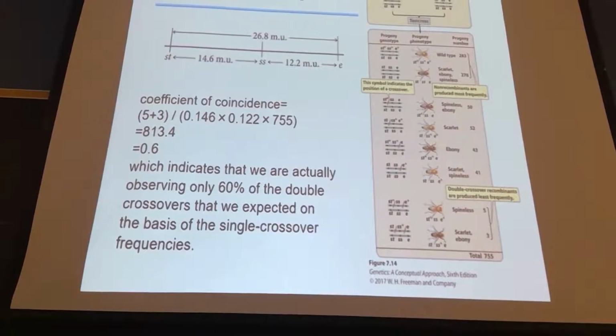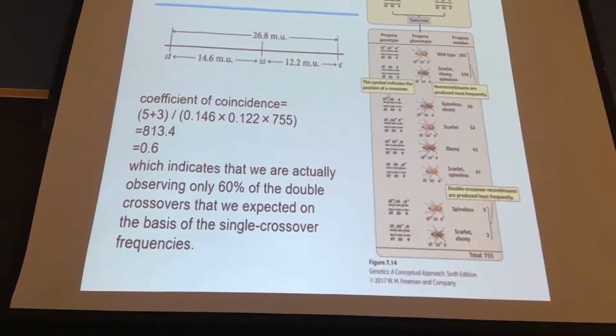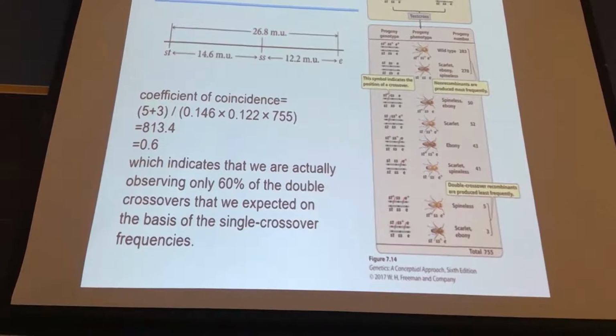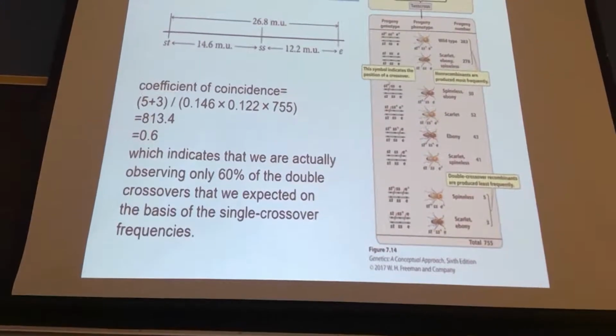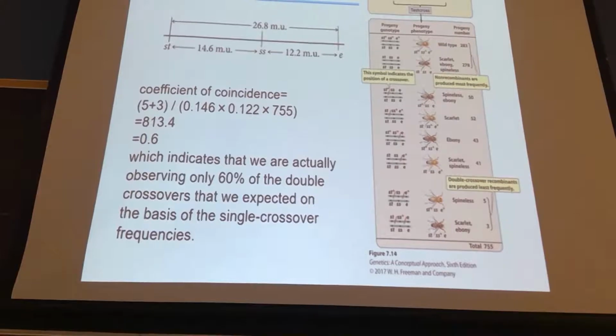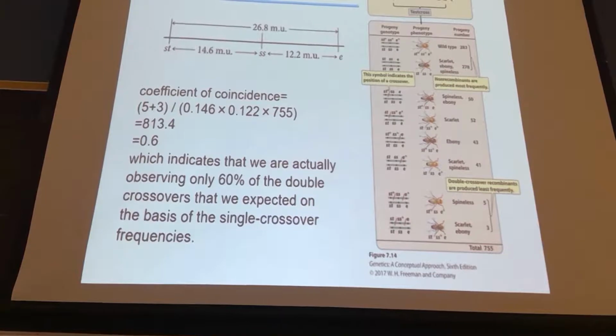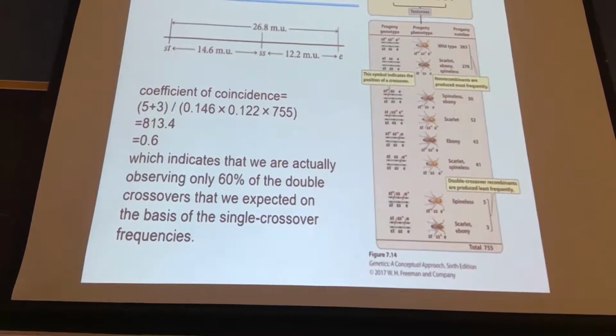And how much is that? 0.146 times 0.122 is 0.018. 0.018 times 755 is 13.45.